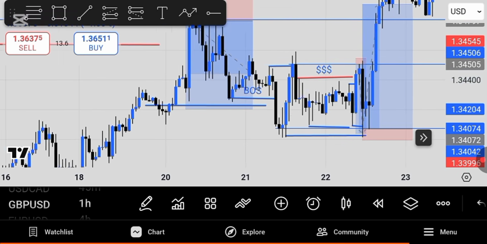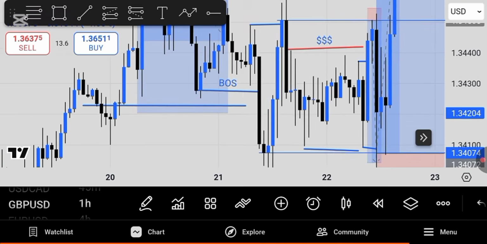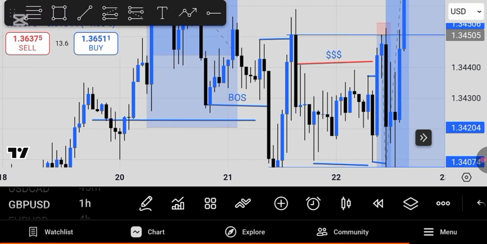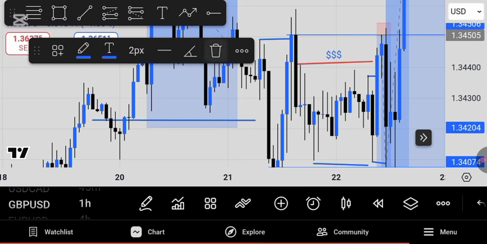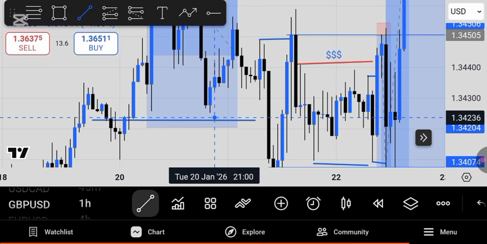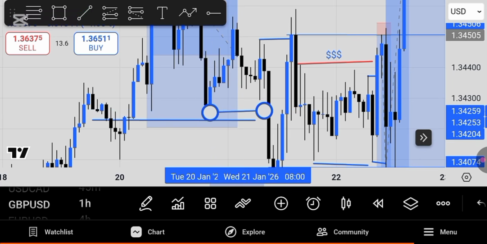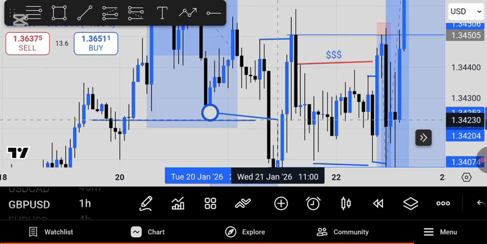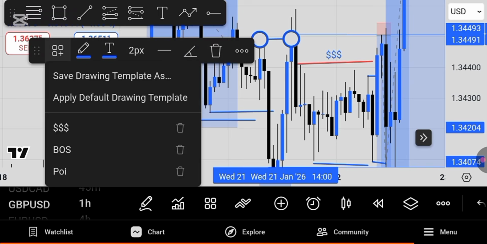And why is this zone valid? Because you can see it here. This place that was our break of structure is not the break of structure anymore. It was the break of structure for the sales, but not the break of structure for the buys. So we mark this as our sweep of liquidity. And we mark this as the sweep of liquidity. And this is our break of structure in this case.